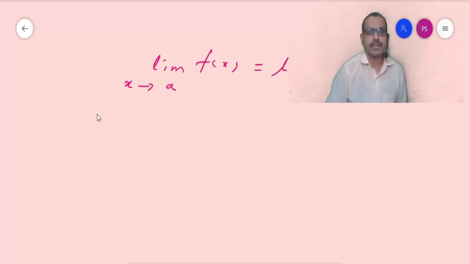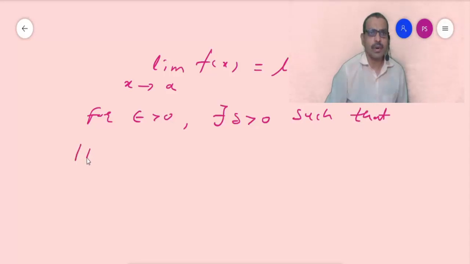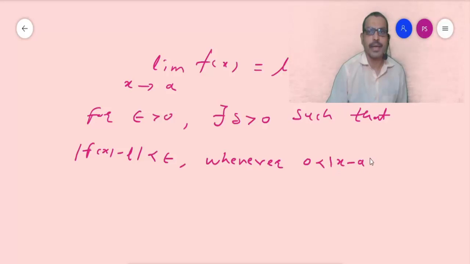In this definition, for given epsilon greater than 0, there exists delta greater than 0, such that mod f of x minus L is less than epsilon whenever 0 less than mod x minus a less than delta.